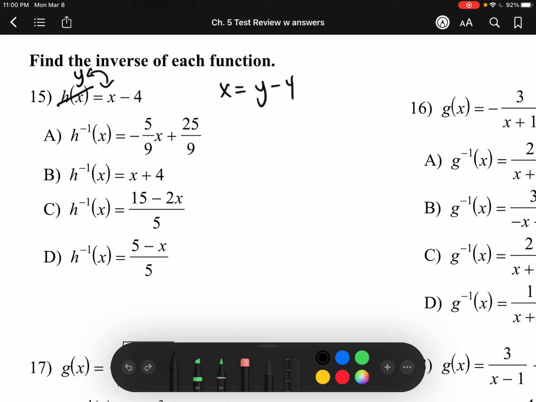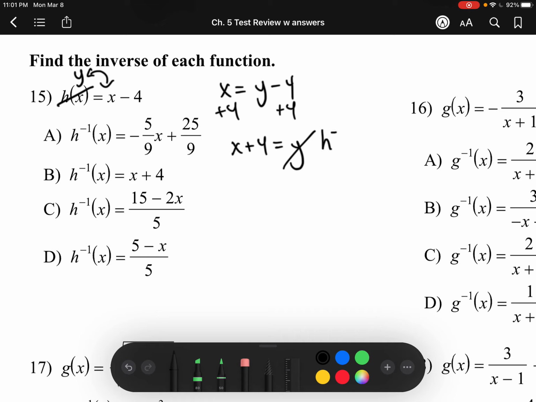Now the next step is to solve for y. In order for me to solve for y, I have to get rid of this minus 4. To get rid of the minus 4, I'm going to add 4 to both sides, and I get x plus 4 is equal to y. And now I finished solving for y, so I have to just change y to the inverse of f of x, or of h of x is what we have here.